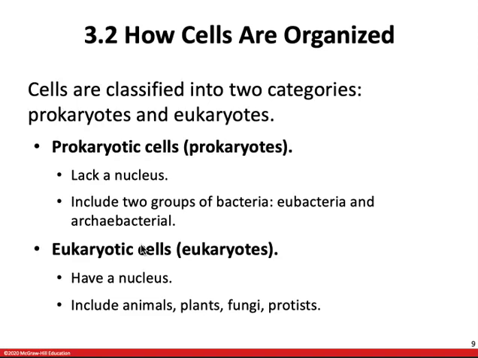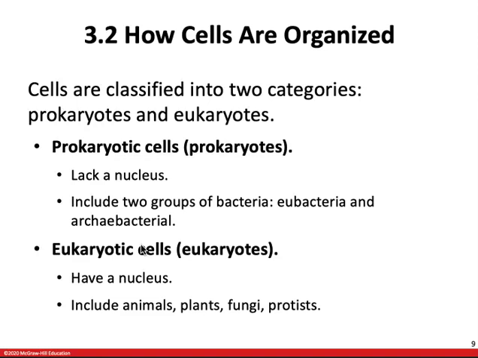To start off, we're going to talk about how cells are classified into two categories, prokaryotic cells and eukaryotic cells. Prokaryotic cells, or prokaryotes, are going to lack a nucleus. This includes two groups of bacteria, eubacteria and archaeobacteria.